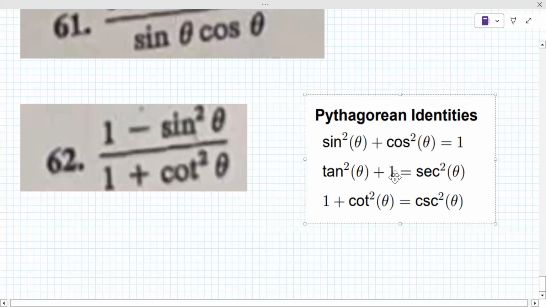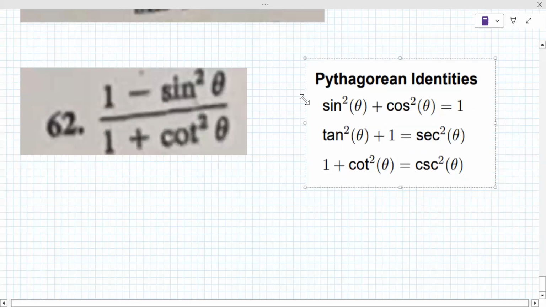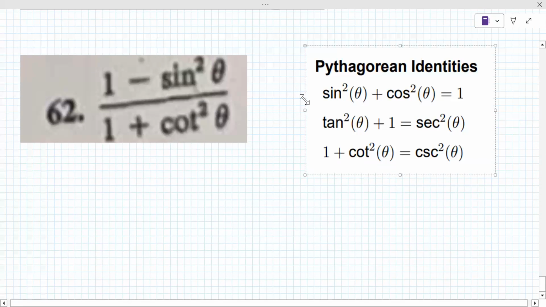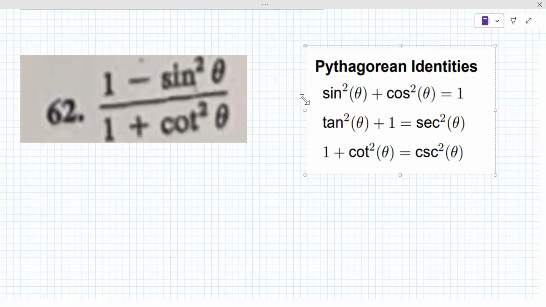So do you see anything here that might be useful? Is it the 1 plus cotangent squared?